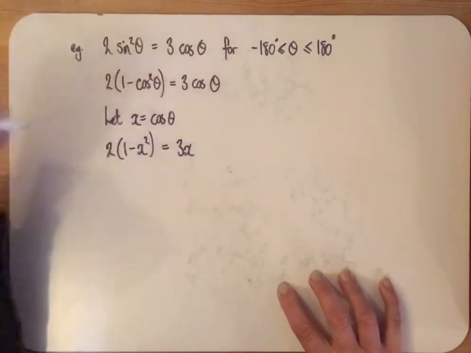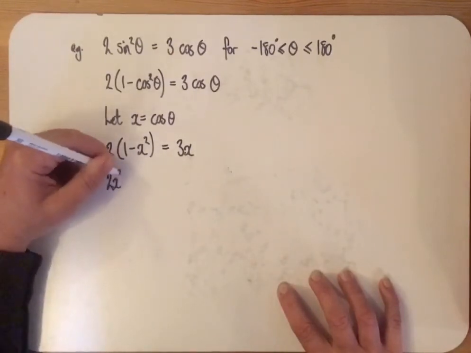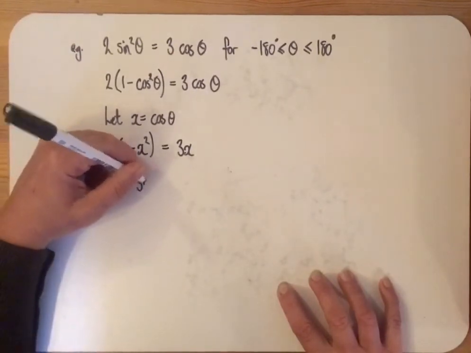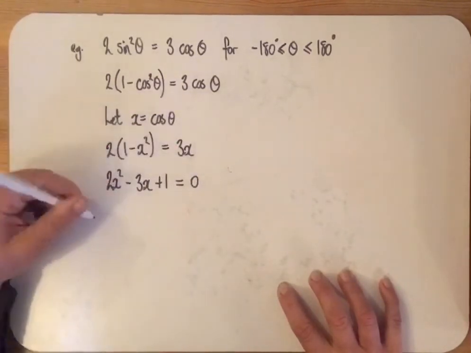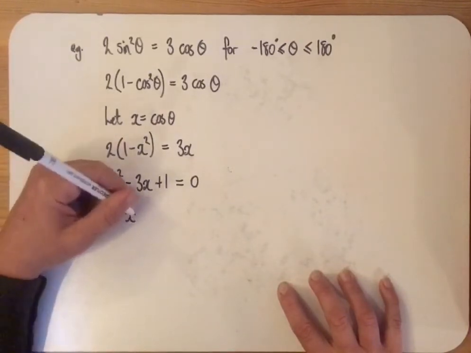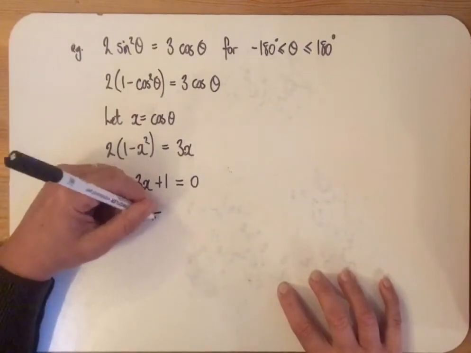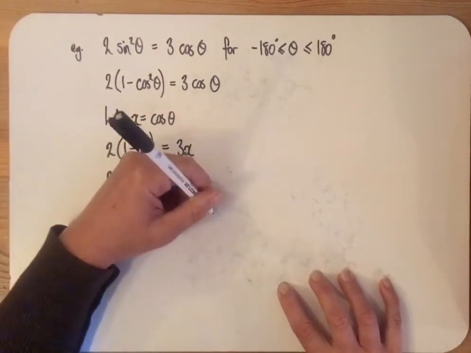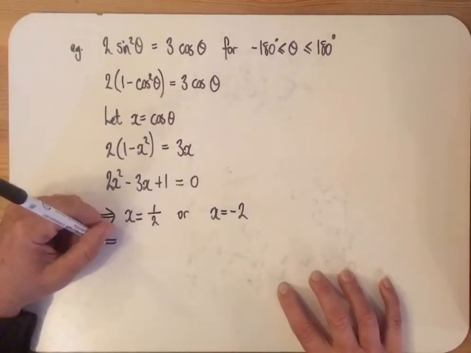Which goes to there, then multiplying that out, you end up with 2x squared minus 3x plus 1 equals 0. Calculator gives you x equals a half, or x equals minus 2.